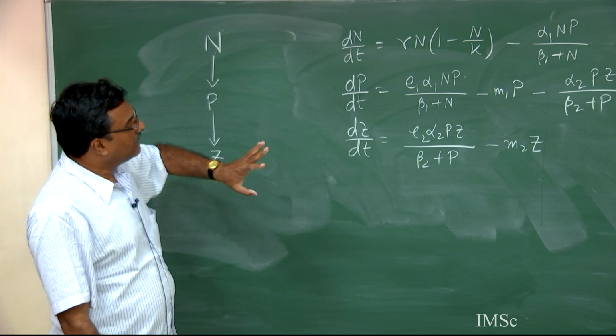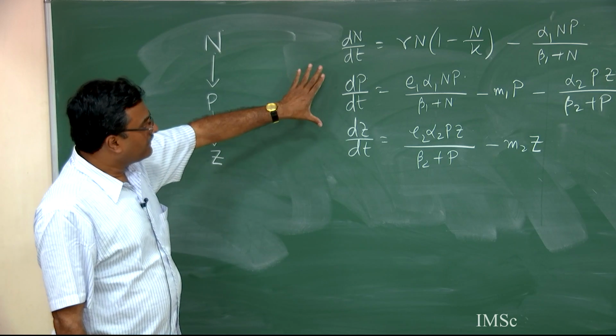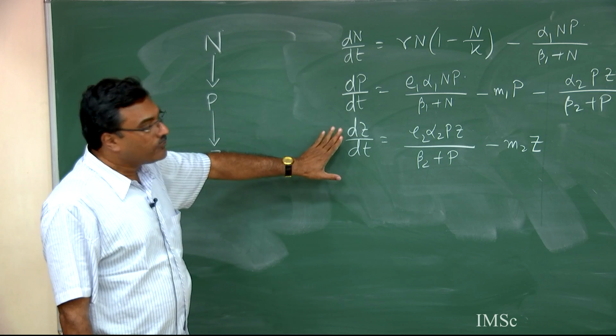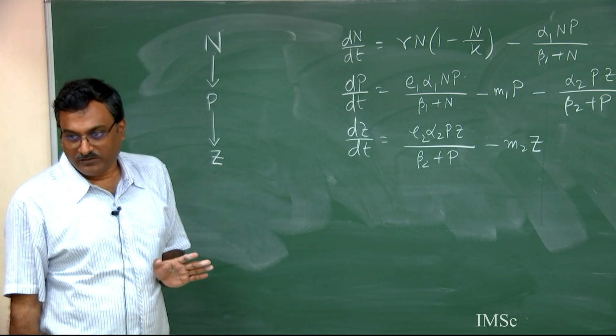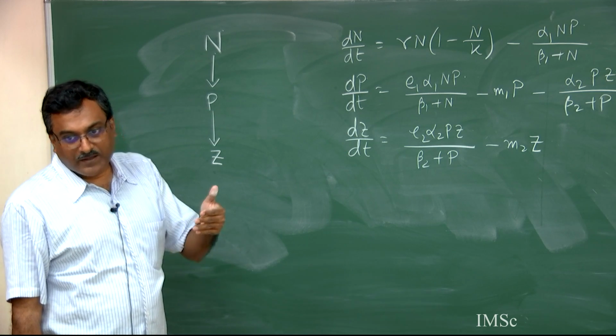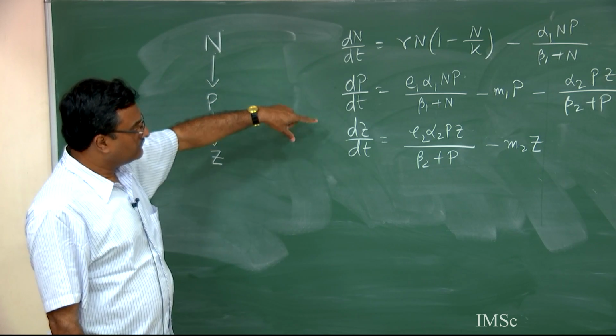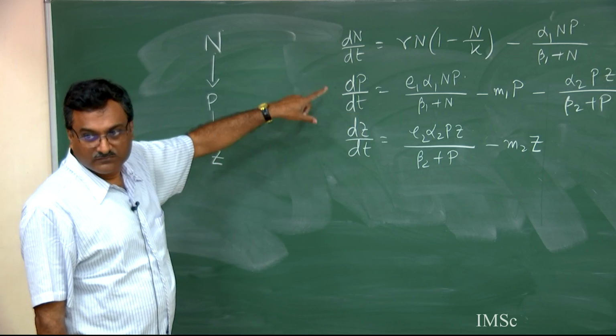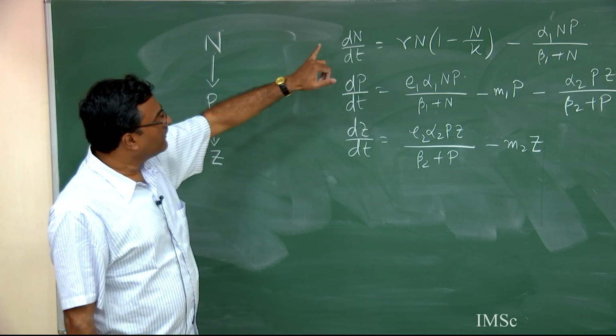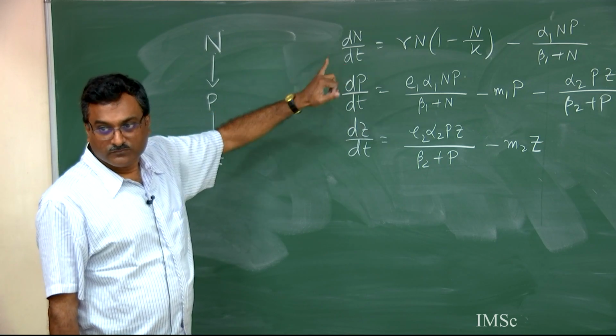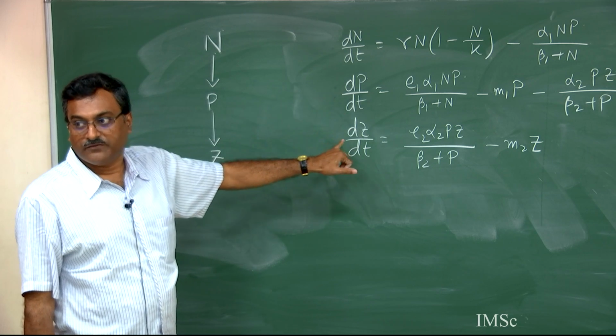and mostly this model is known as the Hastings-Powell model, and they have considered this model as a food chain consisting of phytoplankton, zooplankton and the fish population.